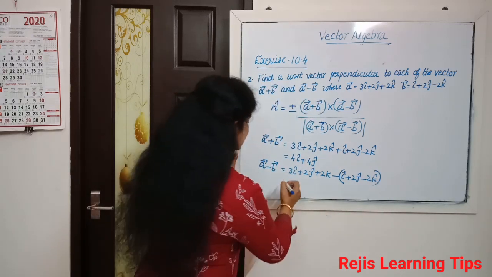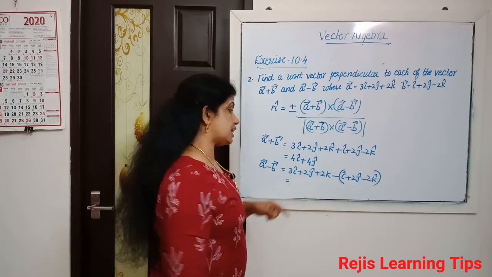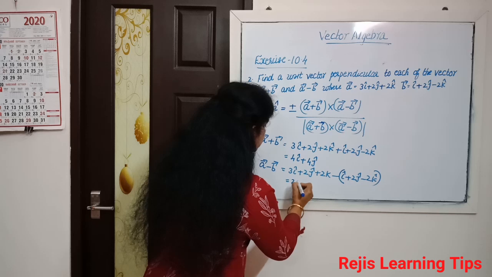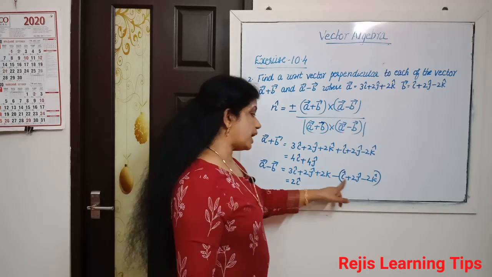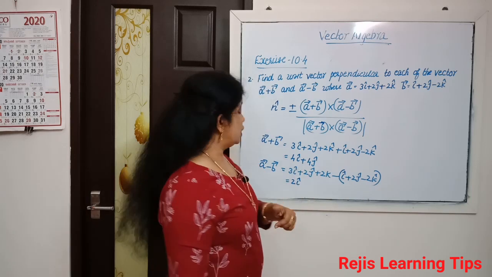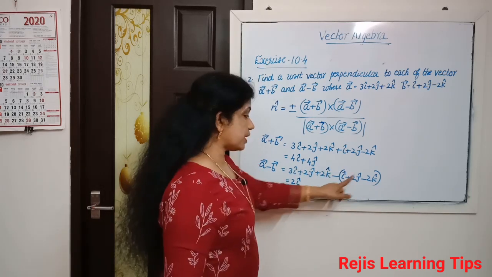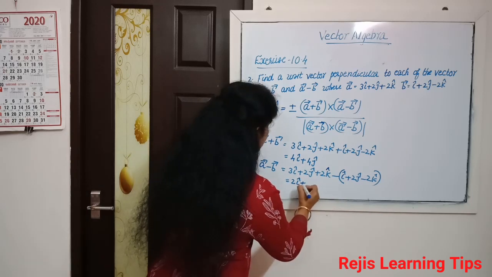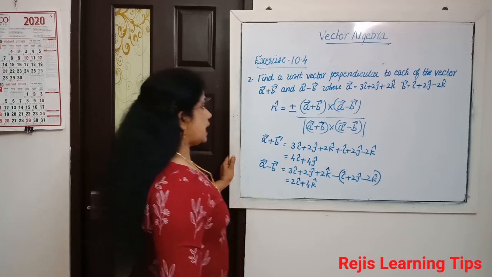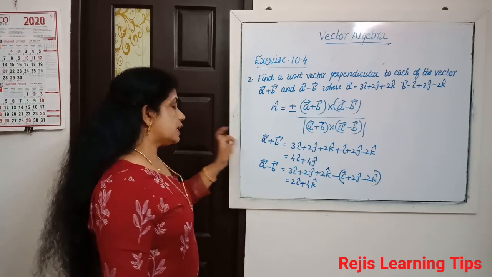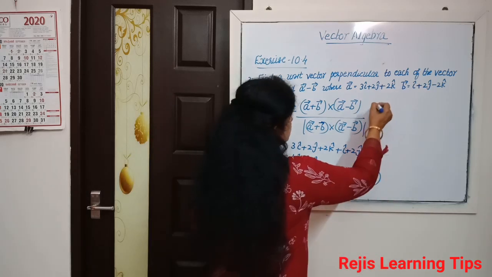Okay, then that is equal to 3i cap minus i cap, that is 2i cap, plus 2j cap minus 2j cap, that is 0. Then plus 2k cap plus 2k cap, that is 4k cap. Okay. Then next we should find a plus b cross a minus b.